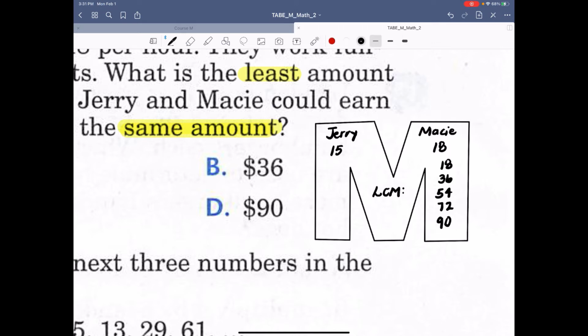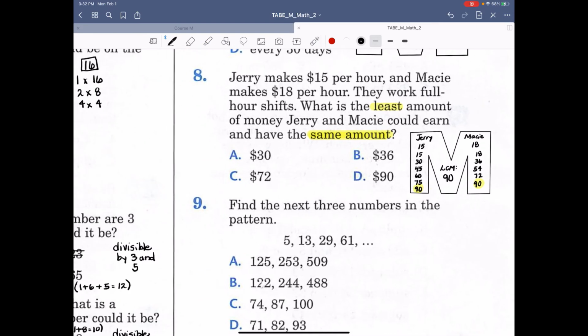So then we have 15, 30, 45, 60, 75, 90. There we go. So $90 is the least amount they could make and have the same amount. Number 8 is D.